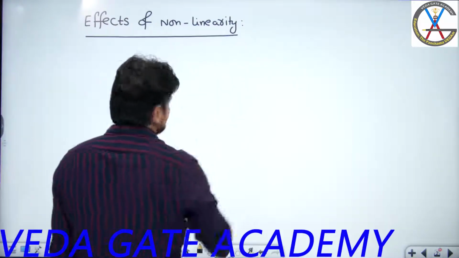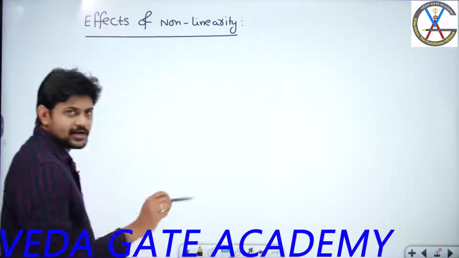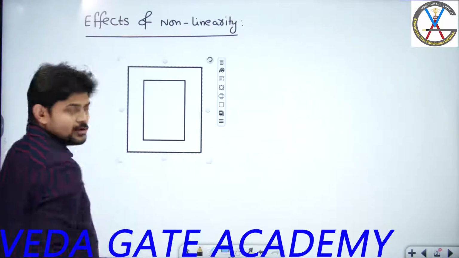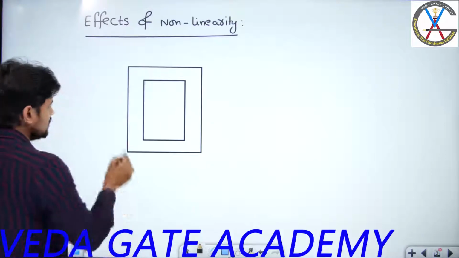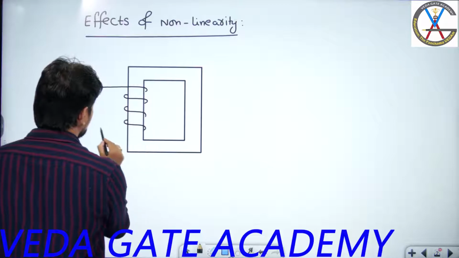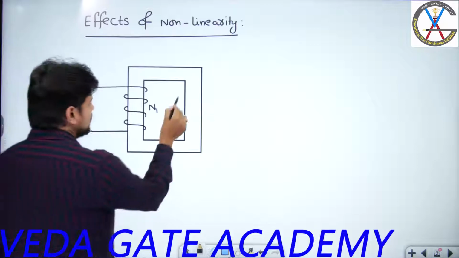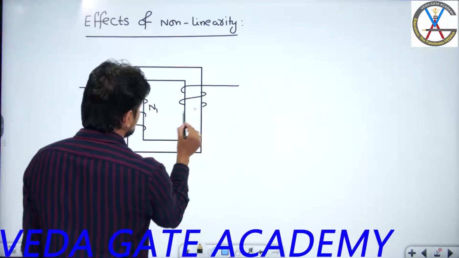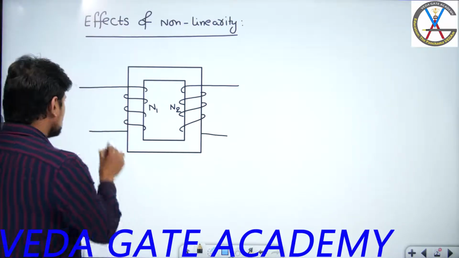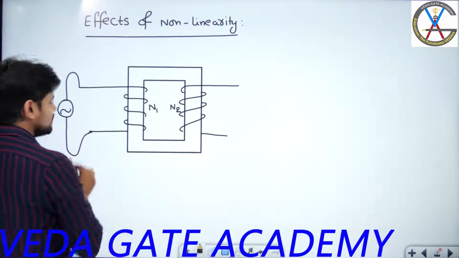To understand this, first I will give a small idea. Suppose I am considering a transformer, and let us assume this is my transformer core. On this limb we wind one winding, the primary winding having N1 turns, and on the second limb the second winding having N2 turns. We connect this to an ideal voltage source, or infinite bus bar.